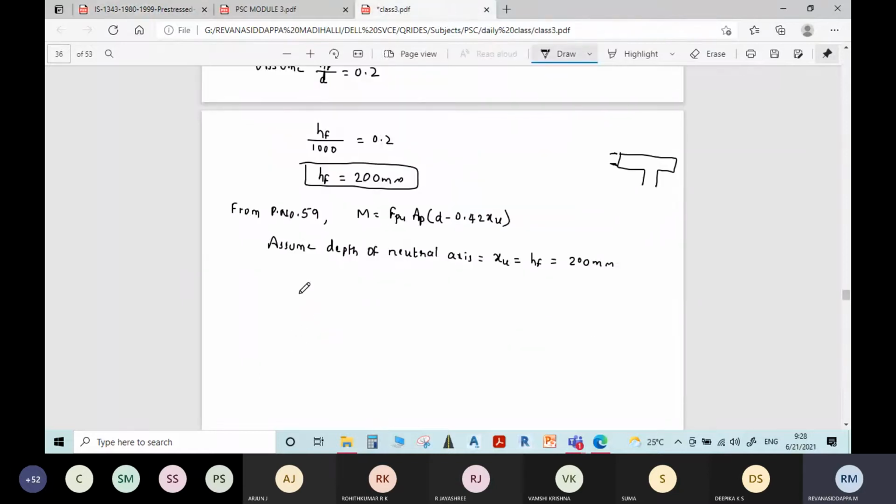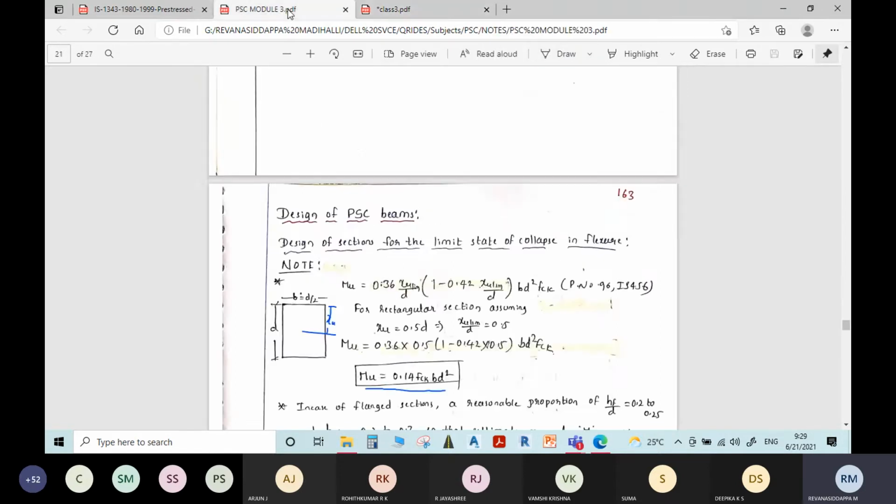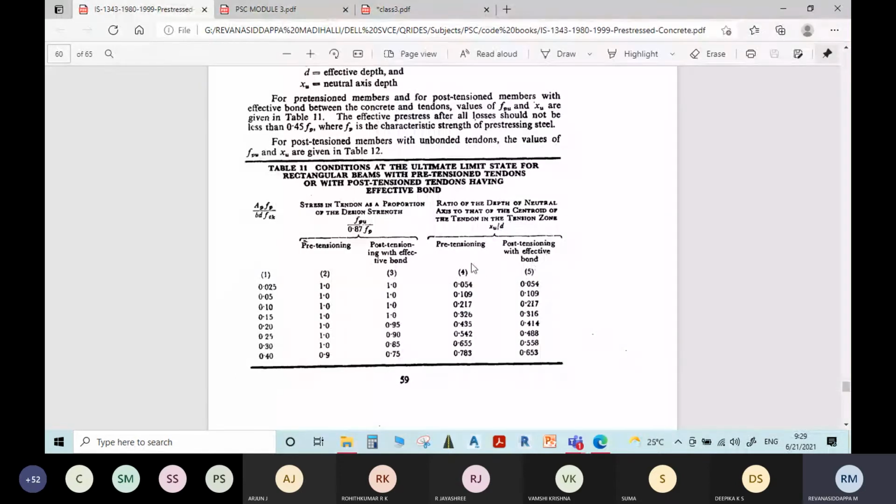Now calculate XU by D. XU by D is equal to XU 200 divided by depth 1000. So what is the ratio you will get? 0.2. Now corresponding to XU by D equal to 0.2, using Table 11, you find the corresponding FPU by 0.87 FP value.